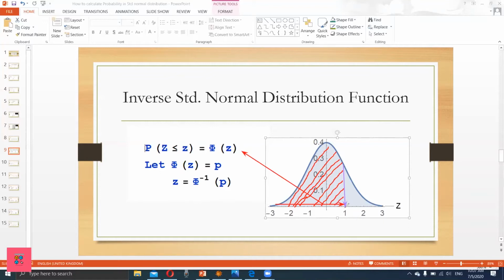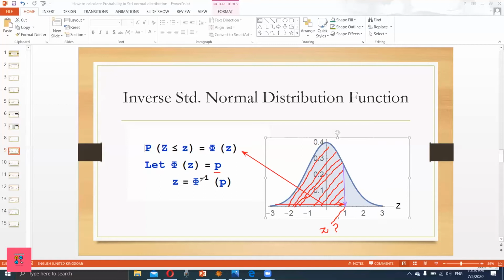This point is unknown, and you have to find this point, and this point in our case is small z. So this point is unknown and p is given, and you have to find z using phi of z. Phi is on the left side.